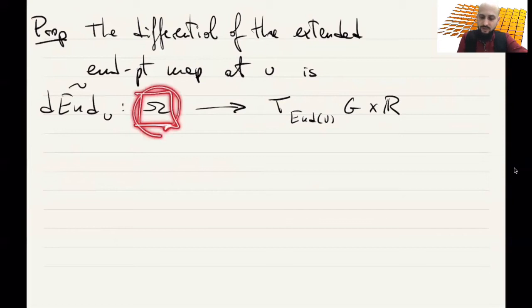So the differential is just, the tangent space is the vector space itself. And this assigns to every v.